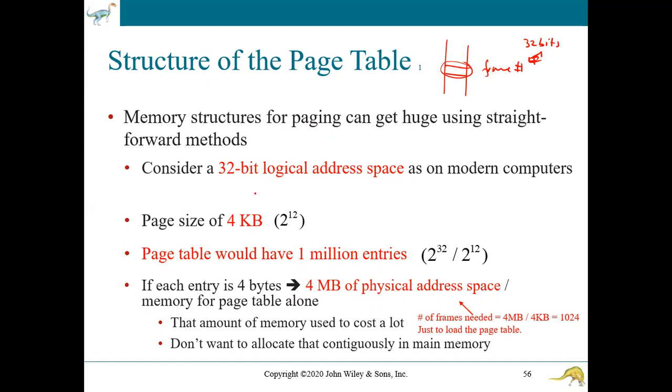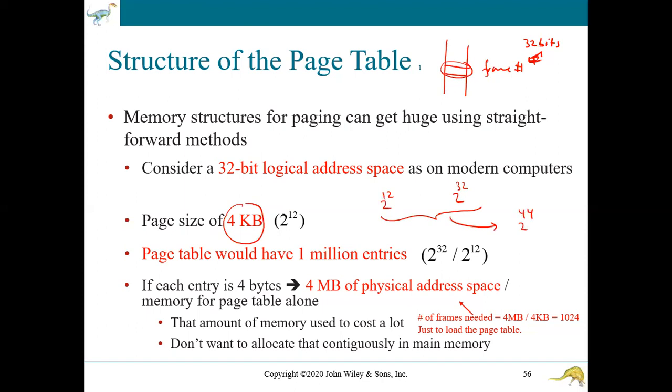And offset is 4 kilobyte, 2 to the power of 12. So 2 to the power of 12 and 2 to the power of 32. What is the physical address space? Can anyone tell me, please? 2 to the power of 44, no?